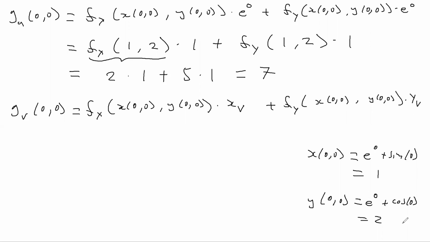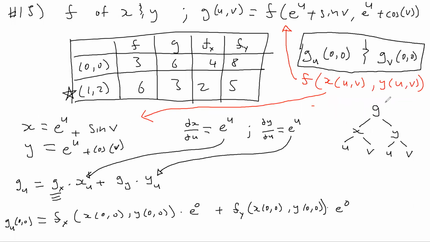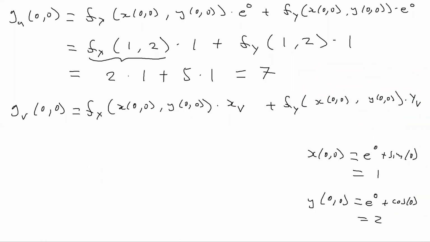And that is again based off this tree diagram, since we use these two paths to find what g sub v is equal to. All right, so let's actually compute that.